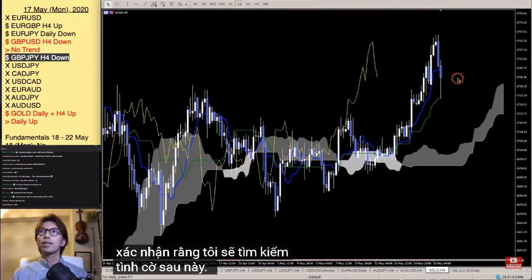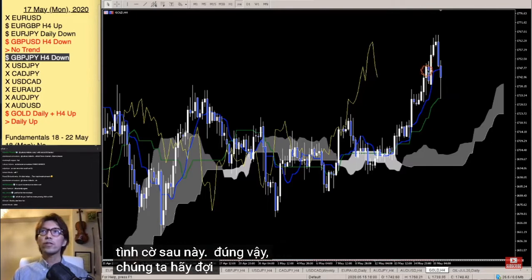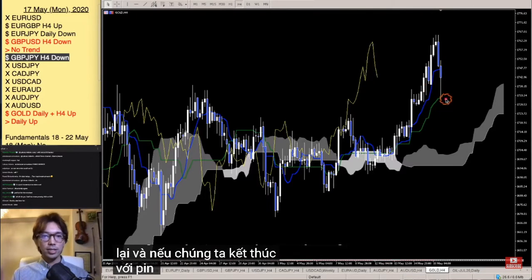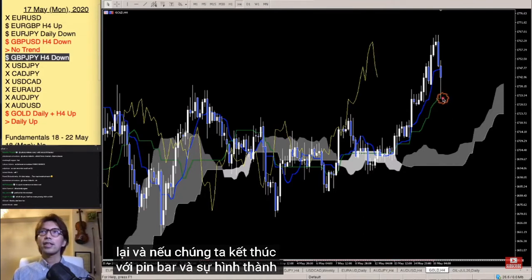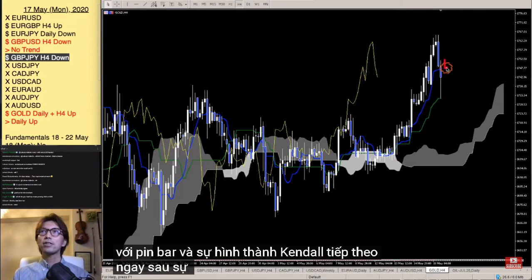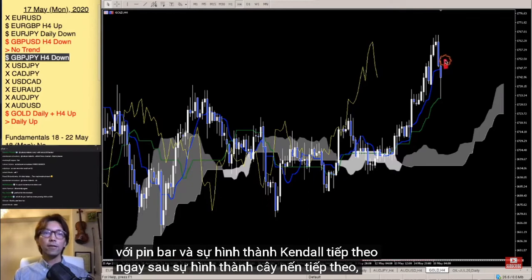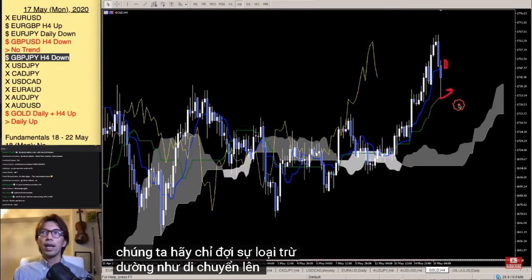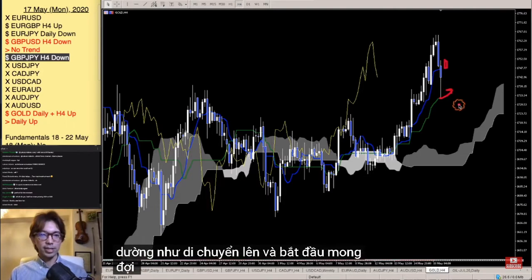So let's just wait for the candle close, and if it ends up with the pin bar and the next candle formation, let's wait for the Kijun Sen to move up and start to look for the buying edges.